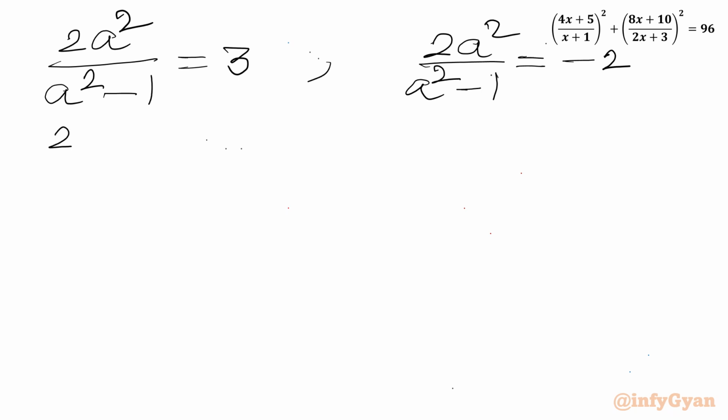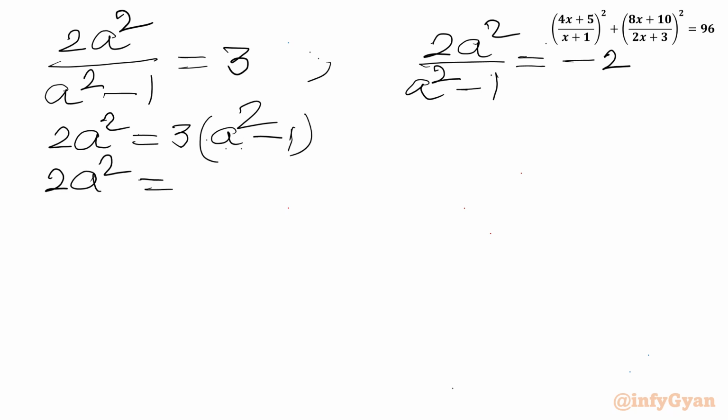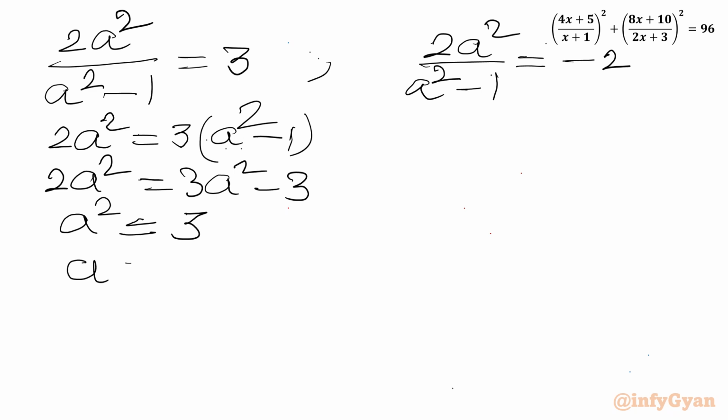So I will write 2a square equal to 3 times a square minus 1, or we can get 2a square equal to 3a square minus 3. Now I will take 2a square to the RHS, minus 3 to the LHS. We will get a square equal to 3. Now I can write here a will come out plus minus square root 3.